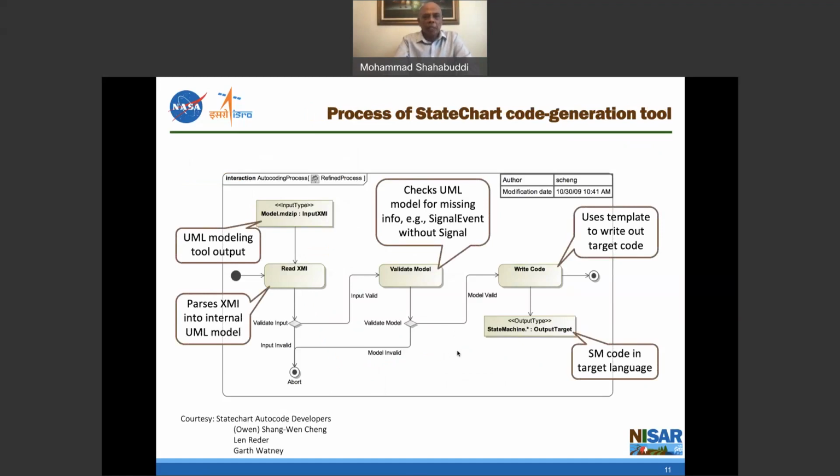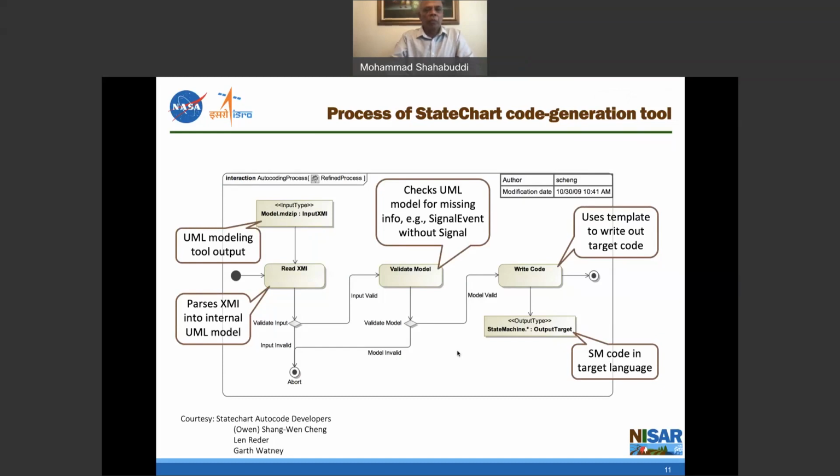So here's the process of the state chart AutoCode generation tool that was provided by the developers of the state chart. Many thanks to them. As I said, we draw the state chart in Magic Draw, a commercial tool that gives us an XMI file.